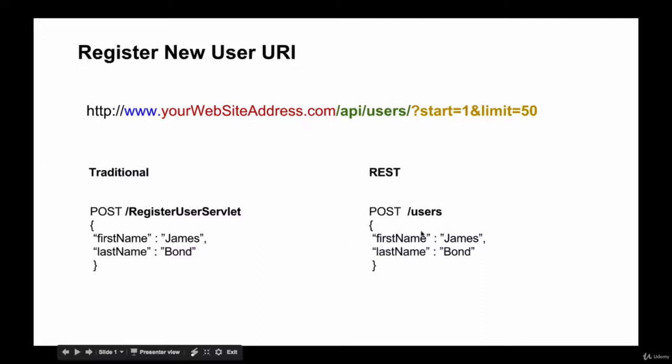There is not much difference between the two, except that the RESTful style doesn't have any actions in it, like it doesn't have do register, or register new user, things like this. It's a very simple collection name, like users. If user is a resource, then the collection of those resources is called users.